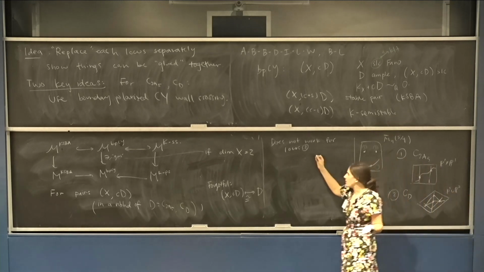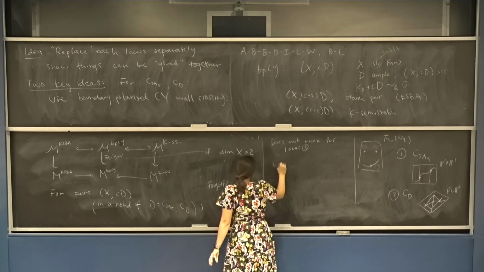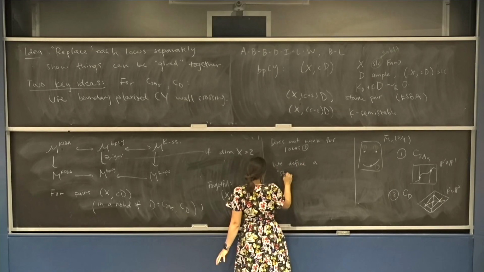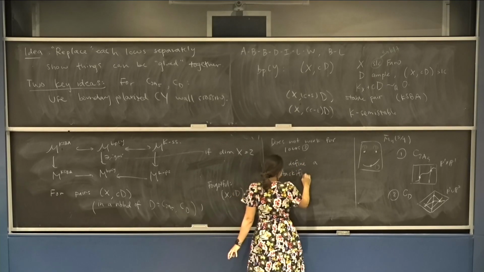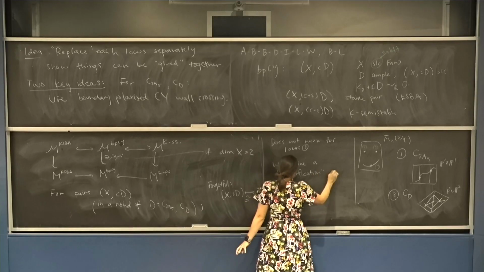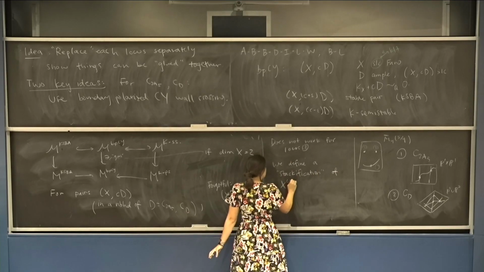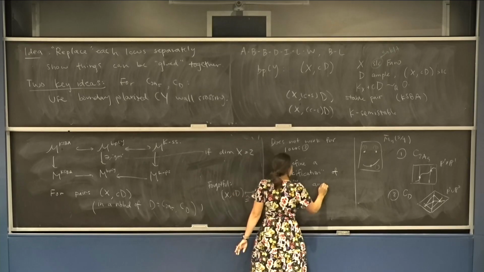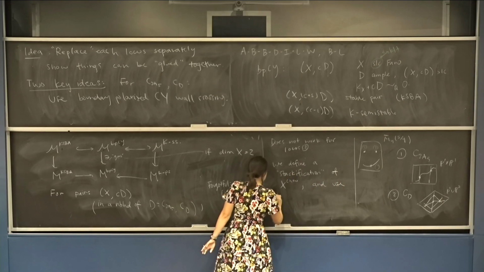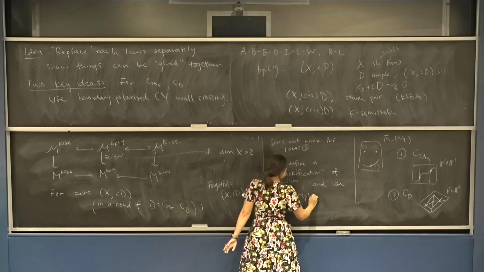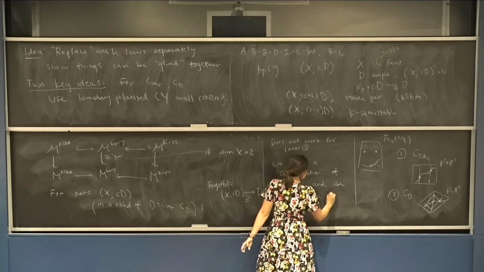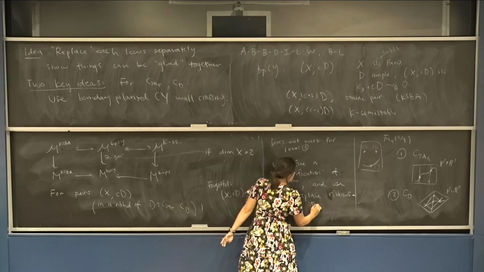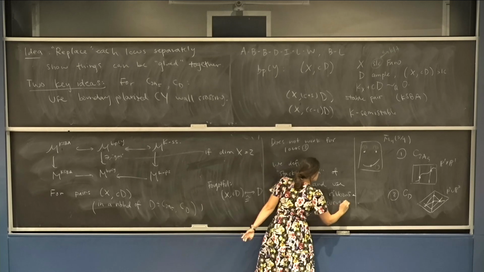And maybe just in words, I will say we define, in the paper we call it this, a stackification of the Chow quotient, and use it to replace the ribbons and other curves in this locus 3.